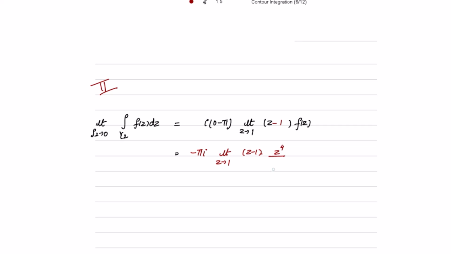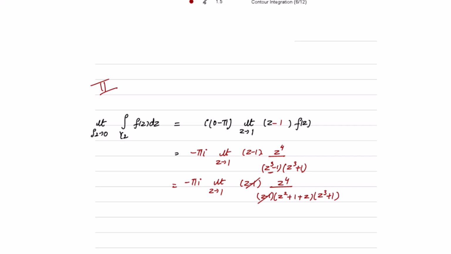4 over z to the power 6 minus 1, which can again be split up as z cube minus 1 and z cube plus 1. Now because I am having z minus 1 in the numerator, I need to split this, z cube minus 1, into the factors z minus 1 and z square plus z plus 1, and this is z cube plus 1.